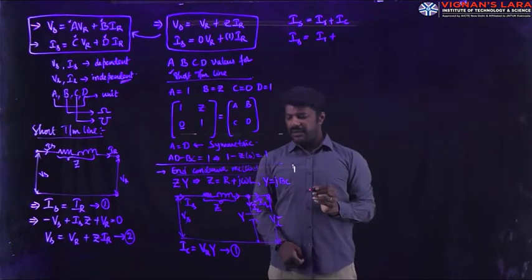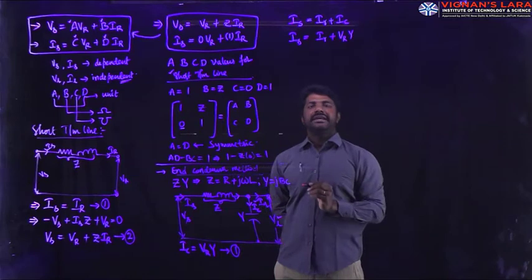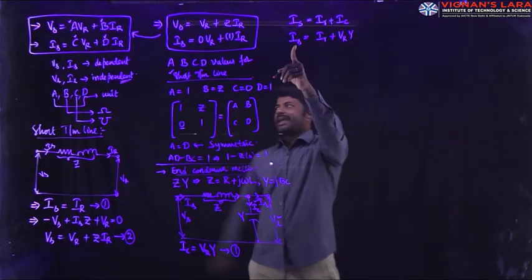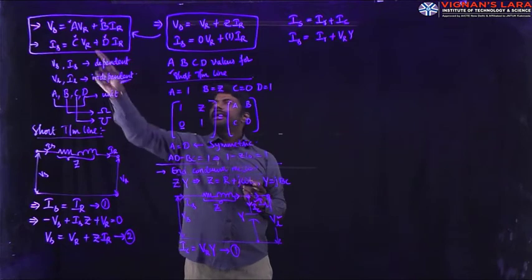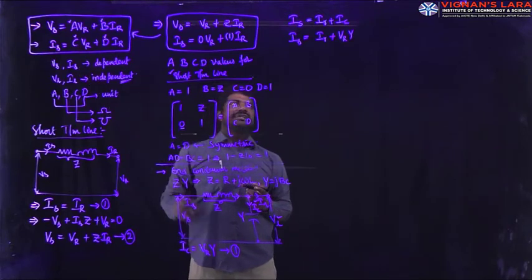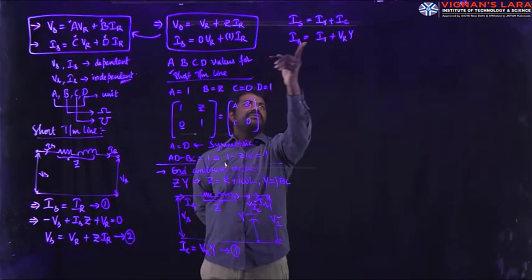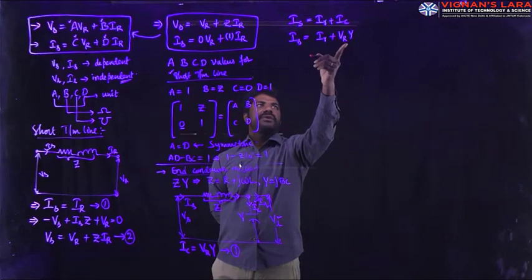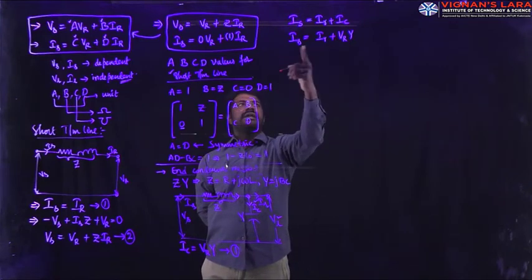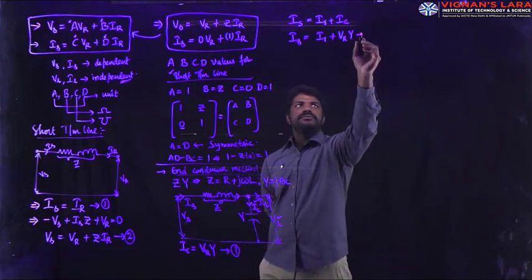Its value is VR into Y. What I am trying to do here is get an expression for IS in terms of VR and IR, with C and D as coefficients respectively. Observing here, IS is defined in terms of IR and also in terms of VR. So we got IS in the required format. Let it be equation 2.